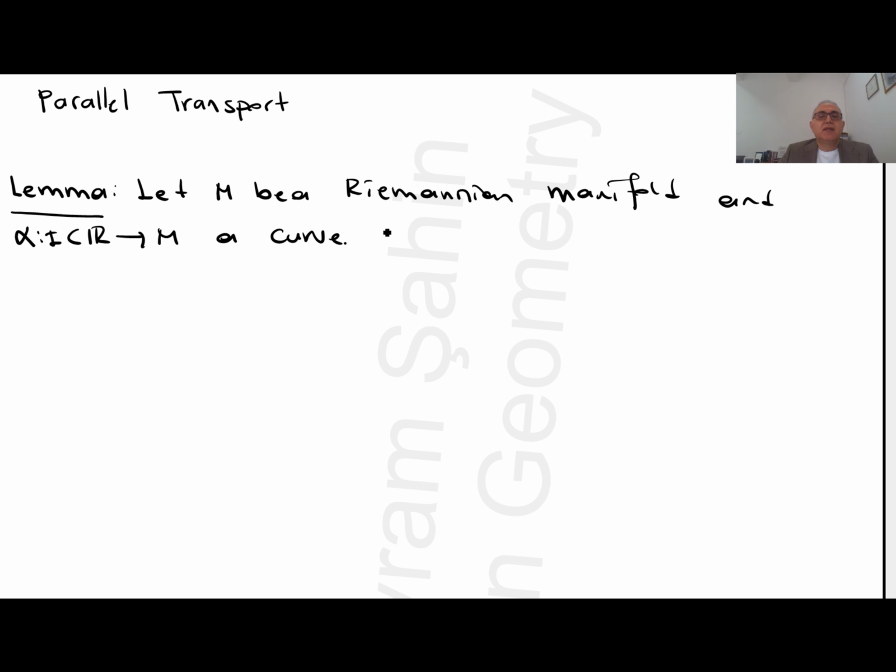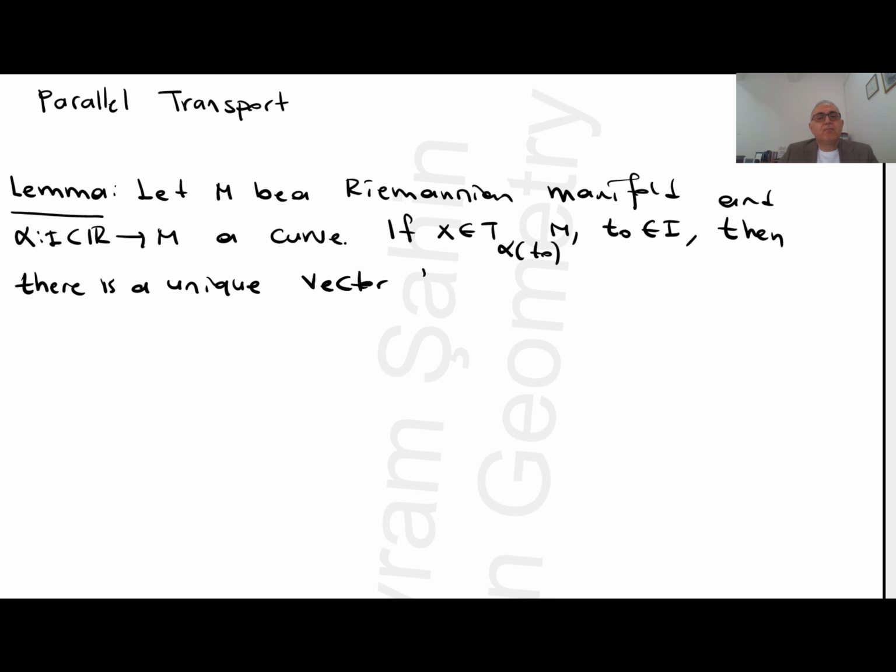So suppose x belongs to this tangent space, here t sub 0 belongs to I, then there is a unique parallel vector field along alpha.